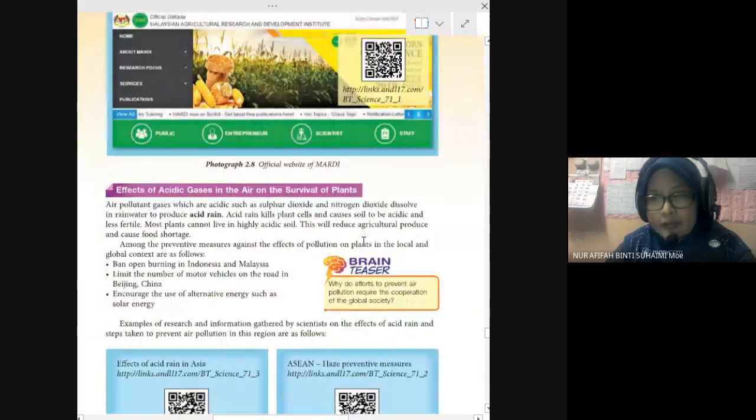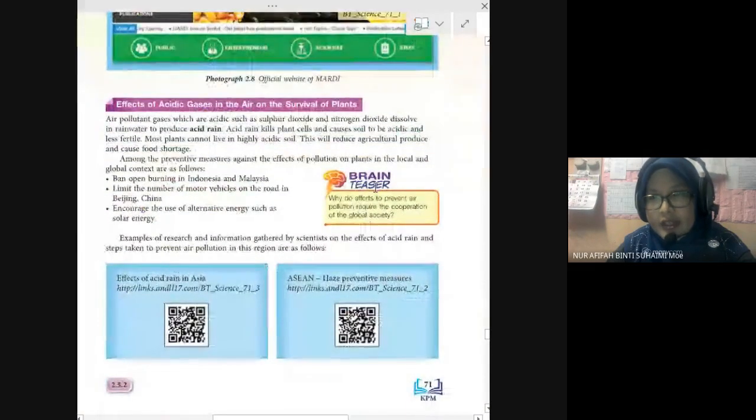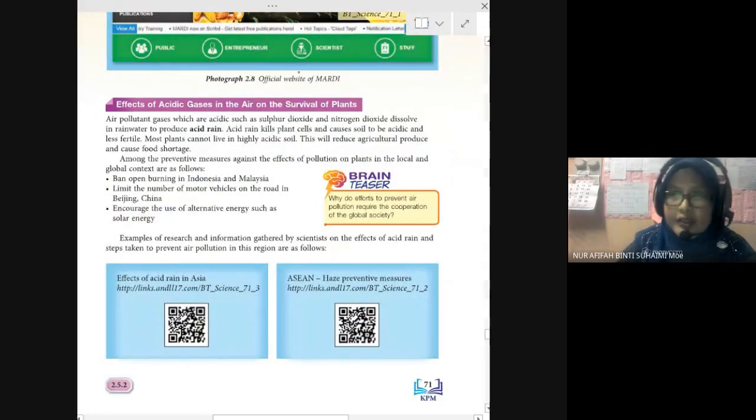Okay, now effects of acidic gases in the air on the survival of plants. These acidic gases will not diffuse directly into the plants, either in their leaf or stem. But it will affect them if these acidic gases are dissolved in water, in rainwater, which produces acid rain.